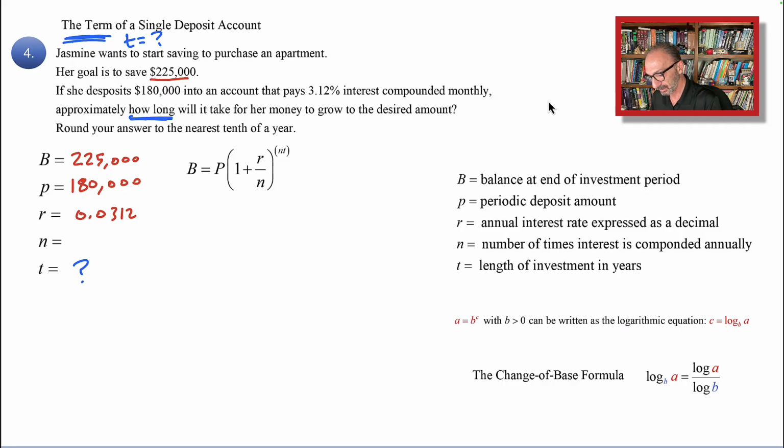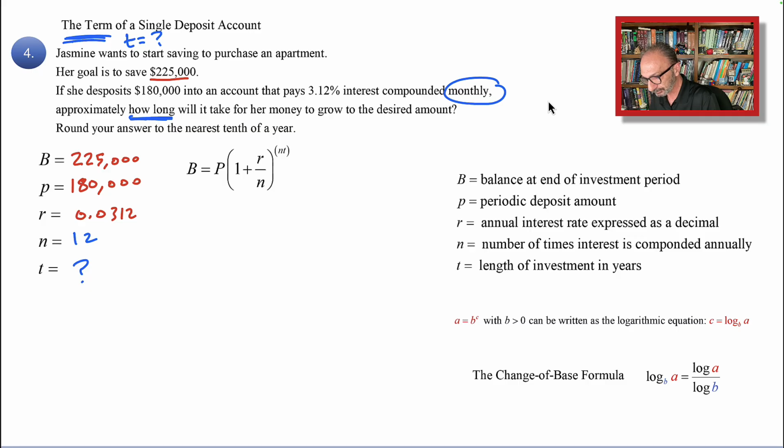Now we are doing it monthly, so n is 12. We're going to be using 2 other formulas written on the side to make it happen. And here we go.